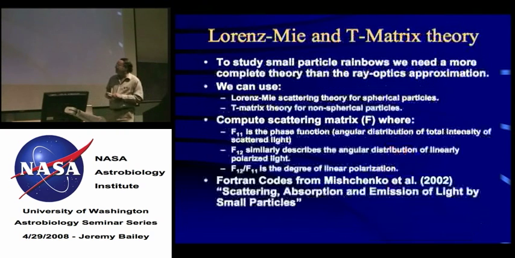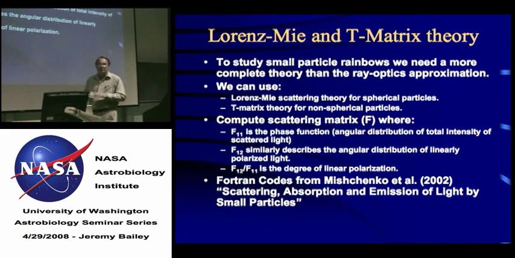To study these small particle rainbows, you can't really use the ray optics approximation that I showed earlier. We use methods such as the Lorenz-Mee scattering theory, which models the scattering from small spherical particles, and there's an associated T-matrix theory which we can use for non-spherical particles.